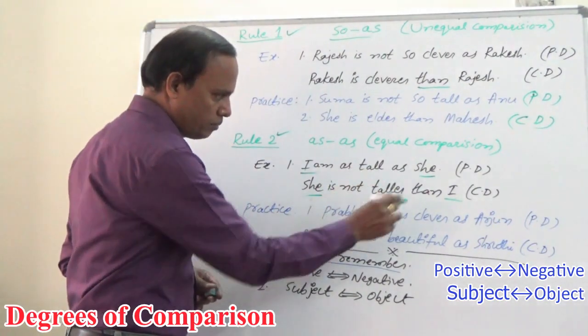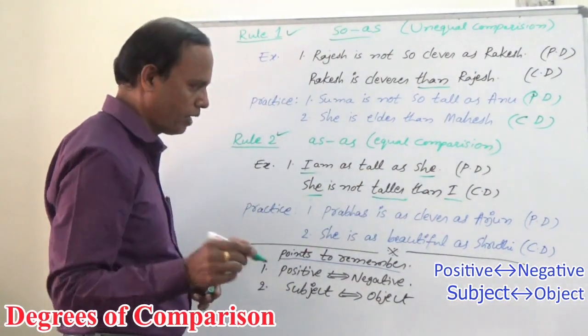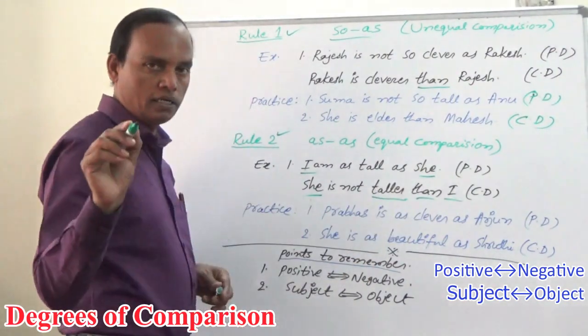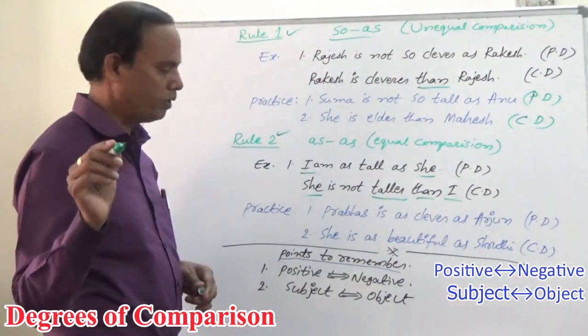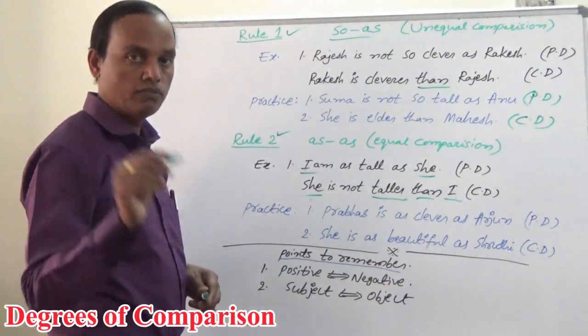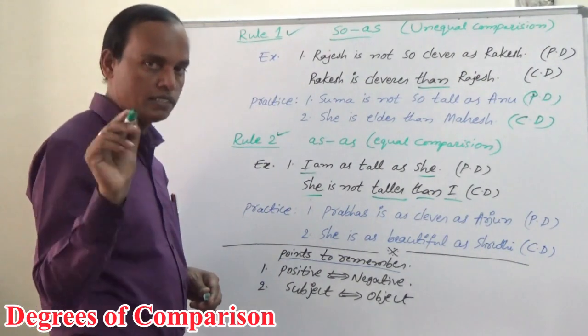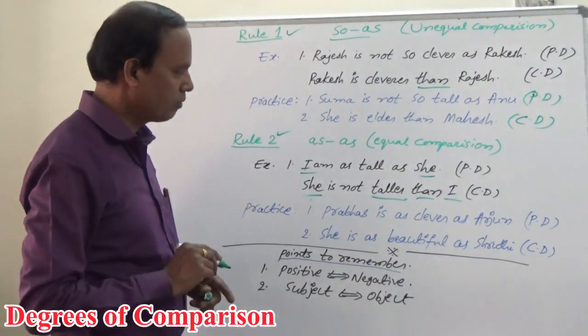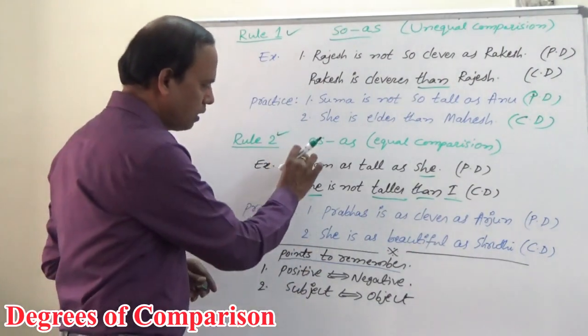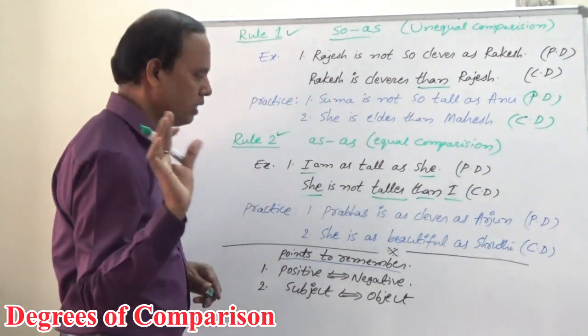Tall becomes taller because you are changing into comparative degree. "Than" follows, then "I". You cannot write "me". Some people write "she is not taller than me", but that is for active and passive voice sentences. Here you cannot change anything; the word should be the same.